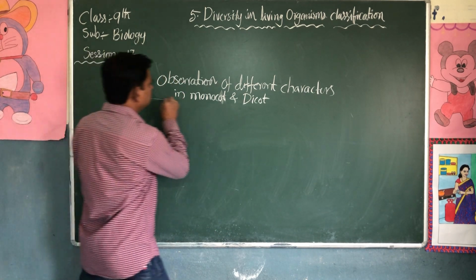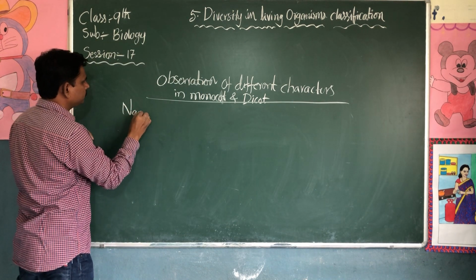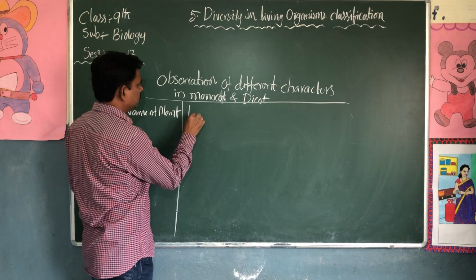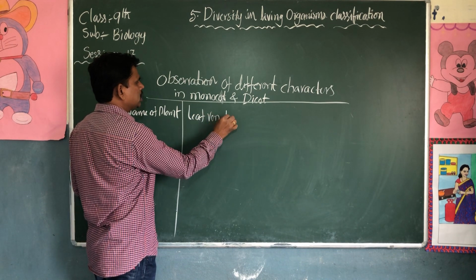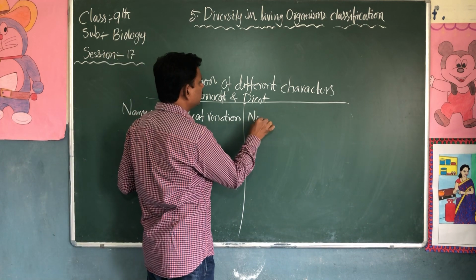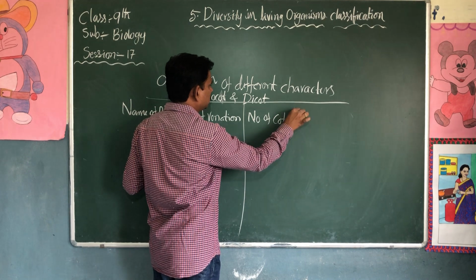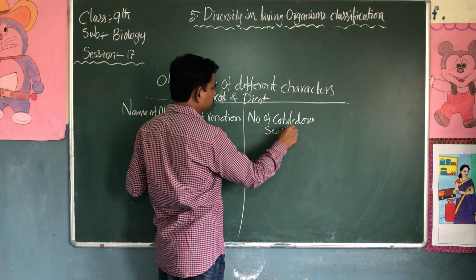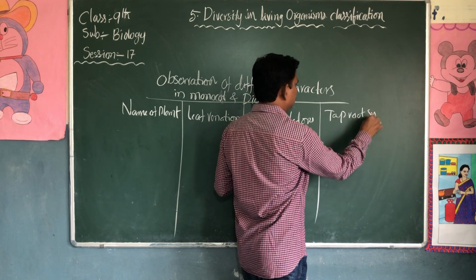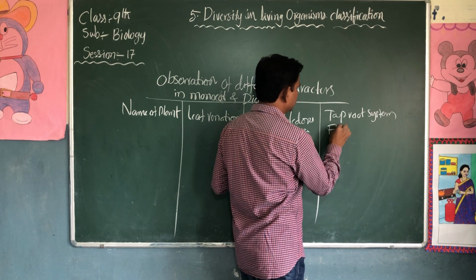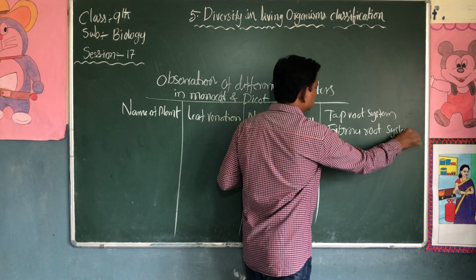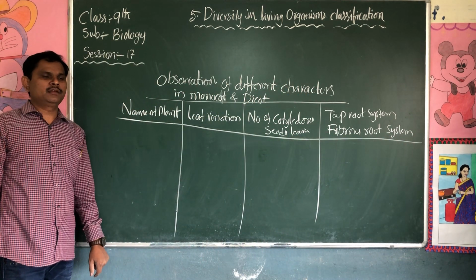So the name of the plants, leaf venation, number of cotyledons or seed leaves, and whether they have a taproot system or fibrous root system.